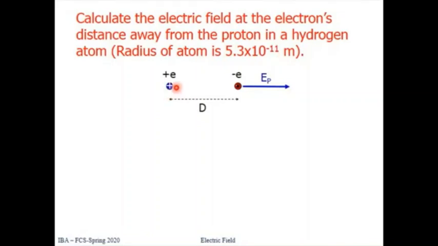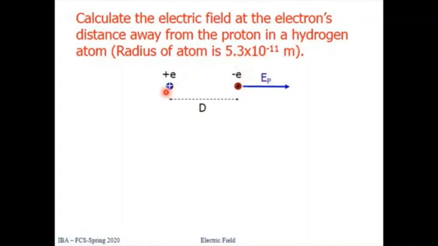So if you look here, this is the simplest and smallest atom, which has only one proton and only one electron. In principle, this is the nucleus, and this is the electron, which is revolving around this positive charge. But keep in mind that the radius of this electron orbit is always constant and given here.